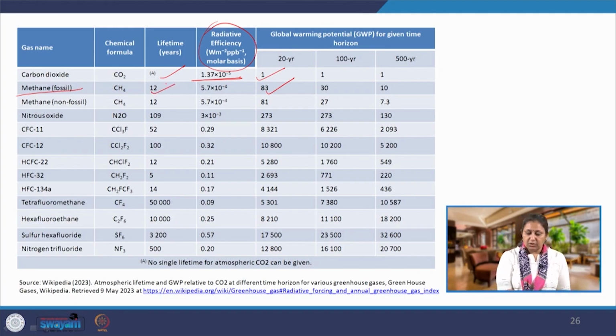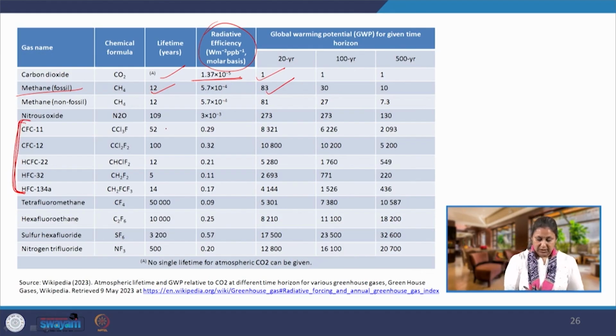So, for a 20-year period it will have a higher global warming potential, but when we look at a 100-year or 500-year period, because it would have already been removed or come to a state of equilibrium within that period, its GWP for 100 or 500 years will be lesser.